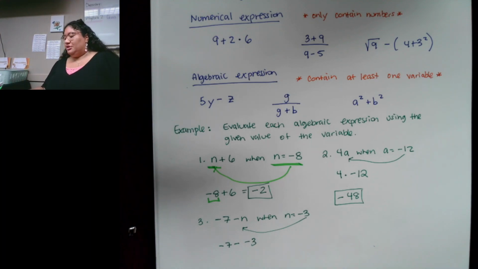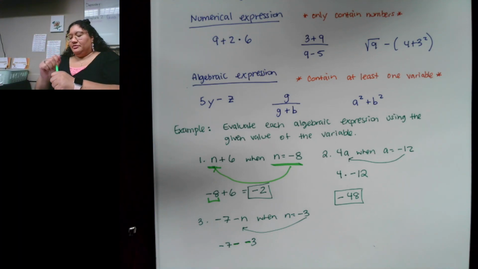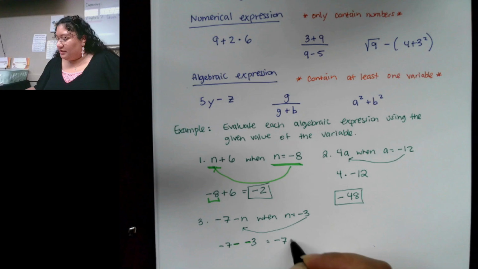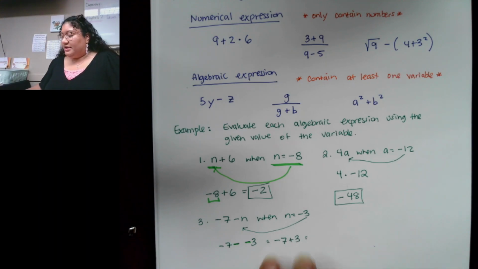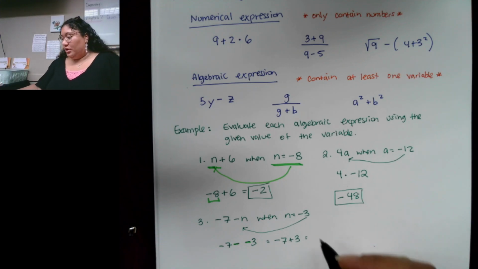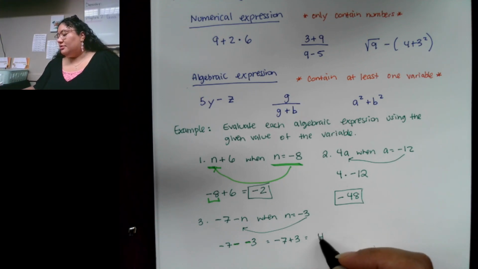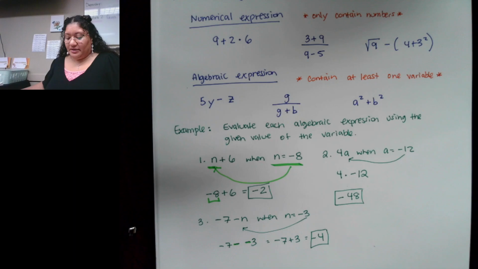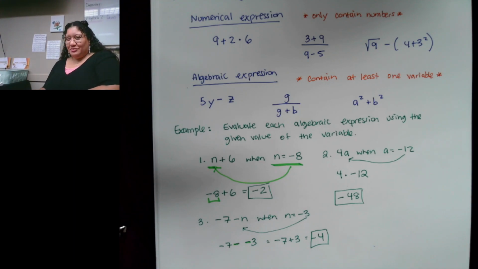What do these two negatives do to one another when they're right next to each other? They become a positive. So, I get negative 7 plus 3. These are opposite signs, so I subtract the numbers. 7 minus 3 is 4. What kind of 4? Negative, yep. Because my bigger number is a negative. Awesome. Not too bad, right?